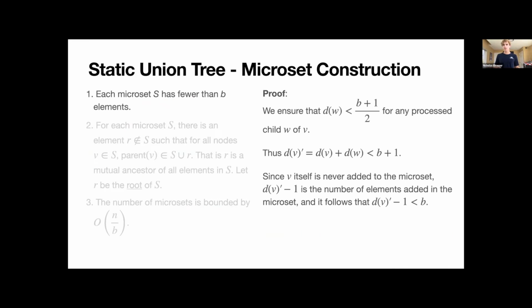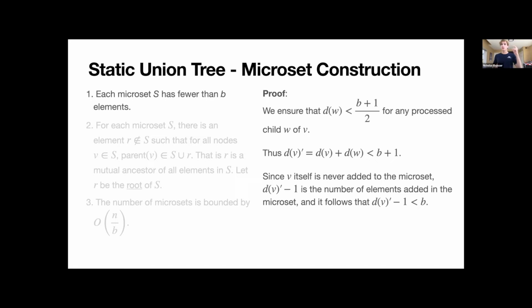And so with this construction, we'll now prove that these properties that we've stated hold. So the first property is that each microset has fewer than B elements. We can see that any child of the current node has to have a weight less than (B+1)/2, or else we would have created a microset and then reset that counter.